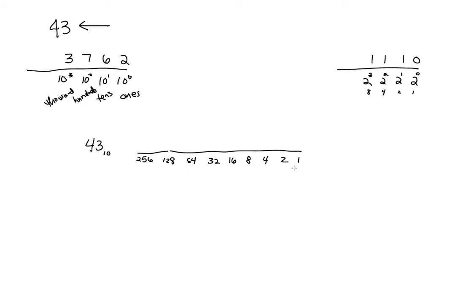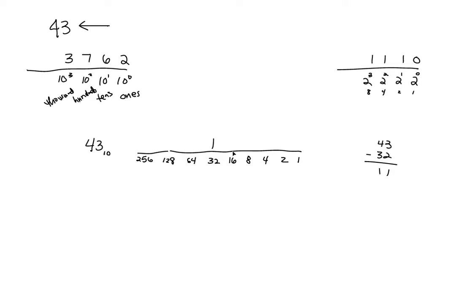Okay, so this is a nice, easy way to do it. I just write out the possibilities here, and then I can say 43. Well, the biggest thing that goes into 43 is a 32, so I'm going to have a 1 in that slot. Over here, I can keep track of how many I have left. Often I do this in my head, but let's do it out. 3 minus 2 is 1, so I have 11 left over.